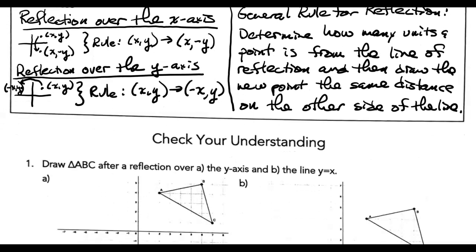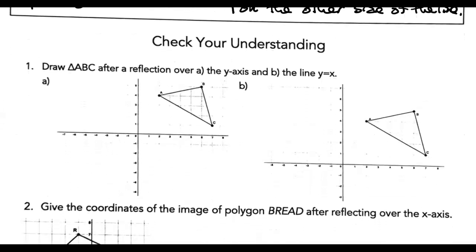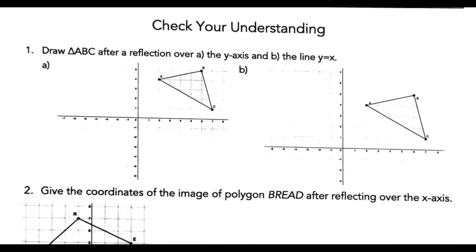So let's go ahead and take a look at this first example here. We want to draw triangle ABC after a reflection over the y-axis, and then for part B, the line y equals x. So that's going to be a little bit different, but we'll take a look.